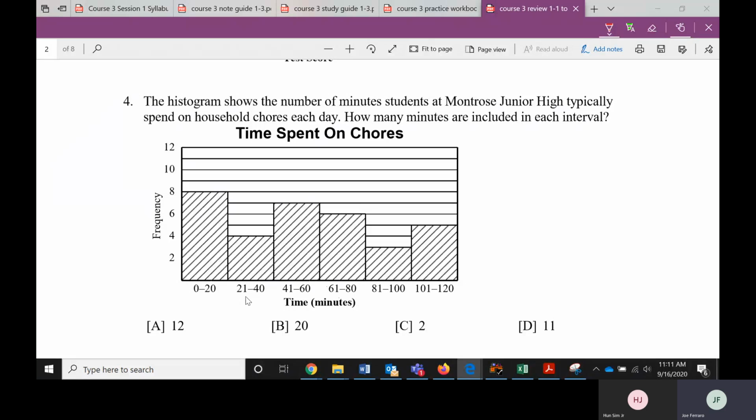So if you're actually counting up, if you count 21, 22, 23, all the way up to 40, that's 20 spots. So the interval means how did they group them up and how many between. So they're in 20-minute sections. Any of the 20s and 30s are here and so on.